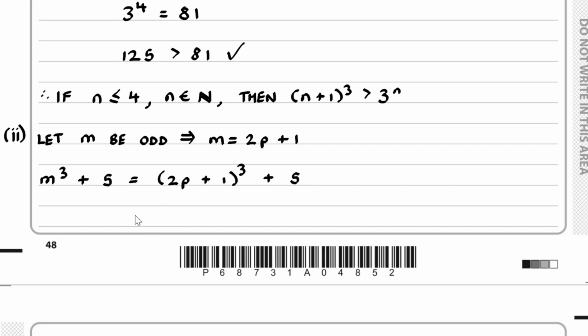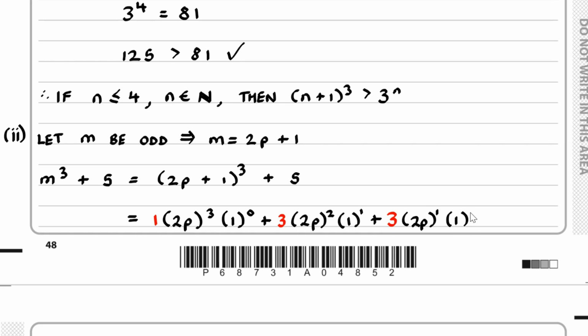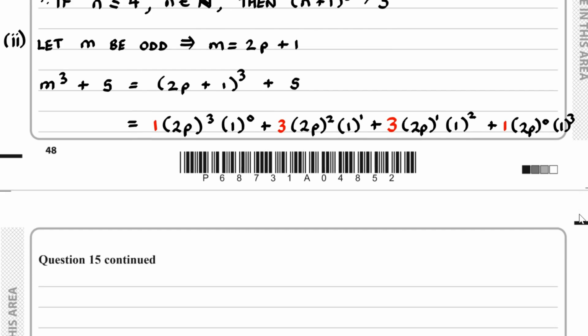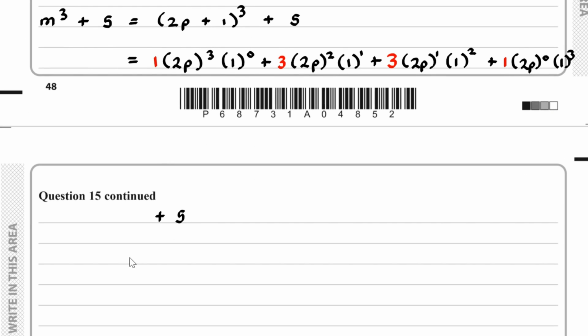So if we expand this out, if we use the binomial, we've got 1 lots of 2p cubed times 1 to the 0 plus 3 lots of 2p squared lots of 1 to the 1 plus 3 lots of 2p to the 1 lots of 1 squared plus 1 lots of 2p to the 0 lots of 1 cubed, and then we will add on to this 5.